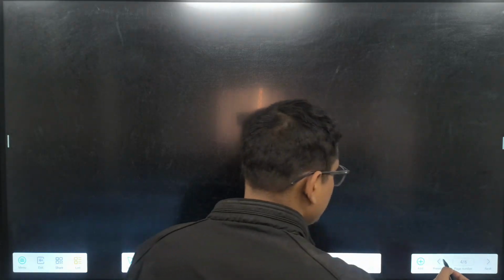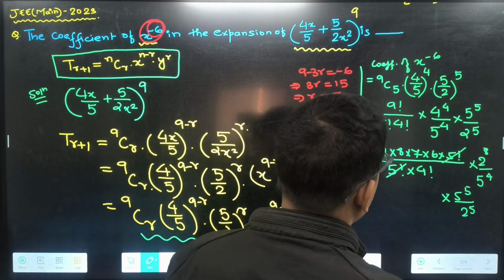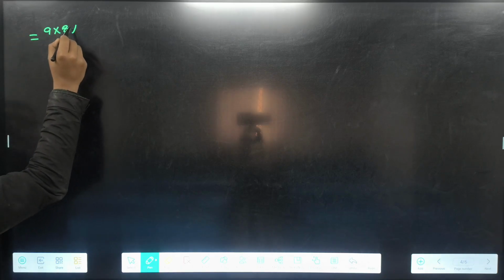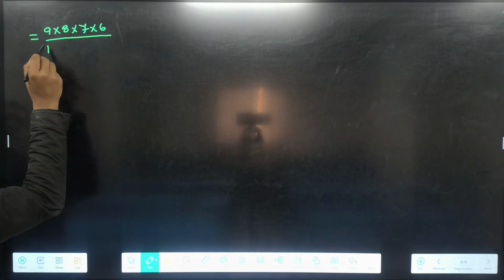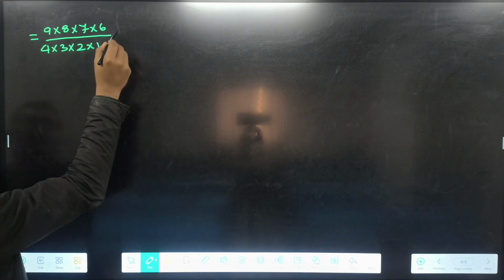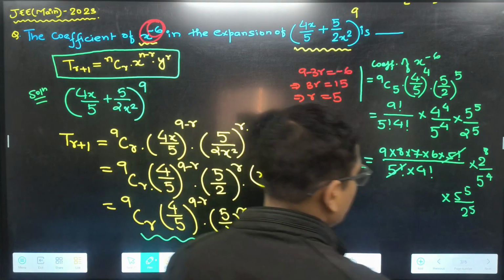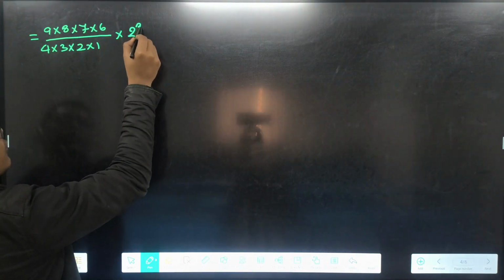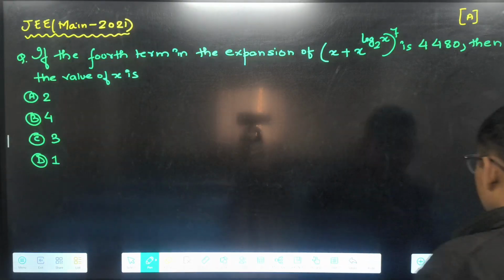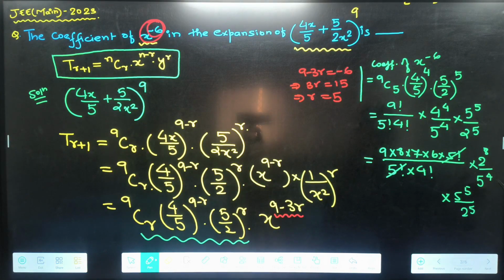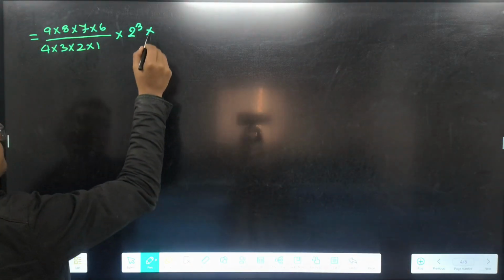Let's take another page. So 9 into 8 into 7 into 6 by 4 factorial, which is 4 into 3 into 2 into 1, into 2 to the power 8 by 2 to the power 5, so it will become 2 to the power 3, into 5 to the power 5 by 5 to the power 4, so it will become 5.